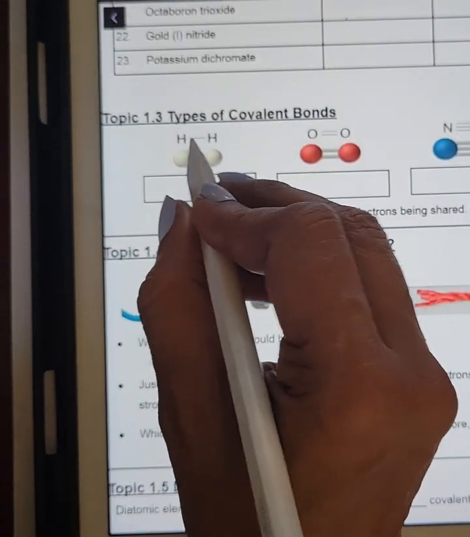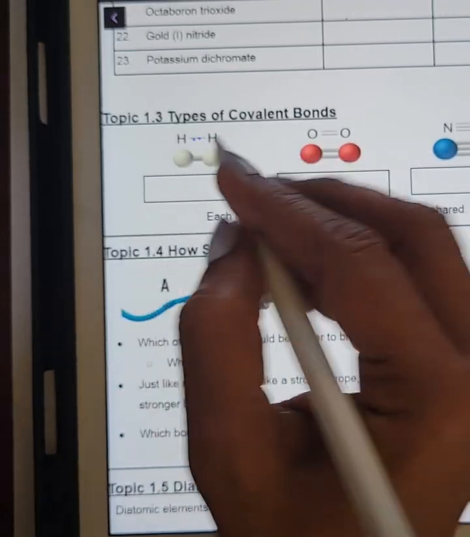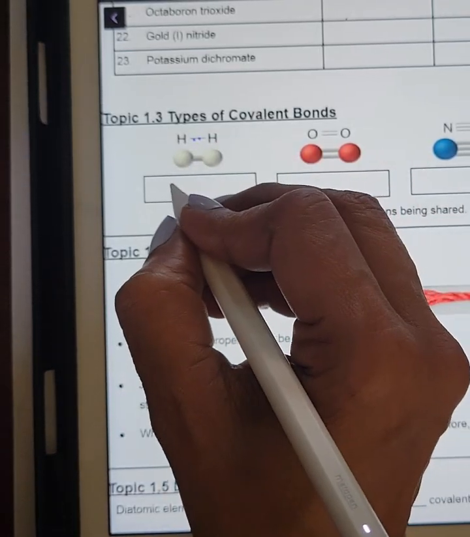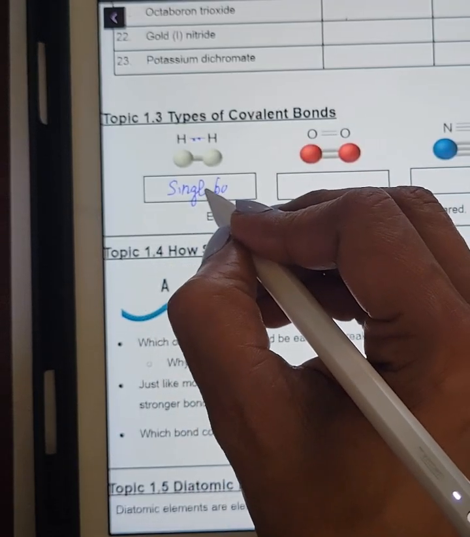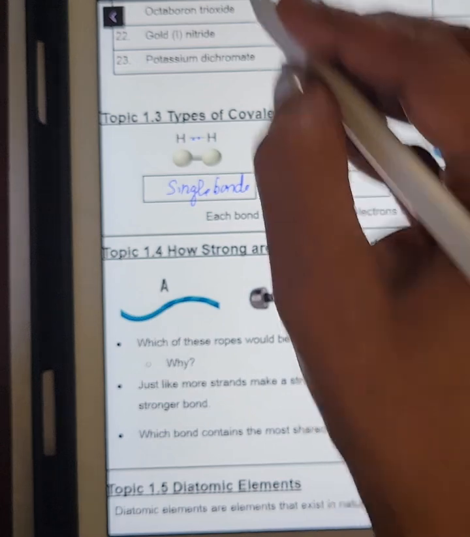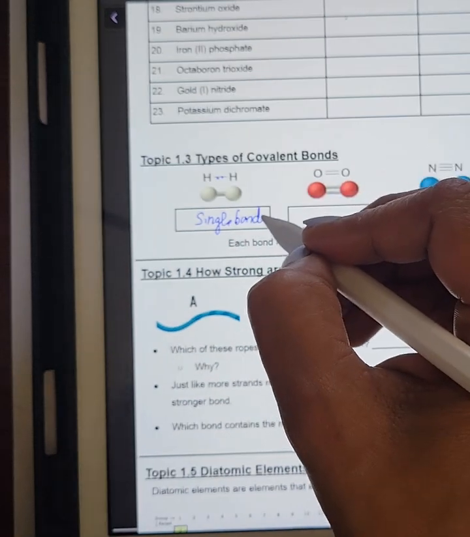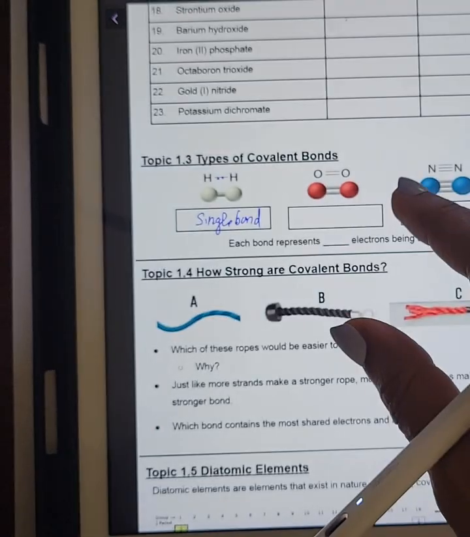First one, hydrogen and hydrogen, they are sharing only one pair. So they will draw only one line in between them, which is called a single bond. Okay. So that is single bond.